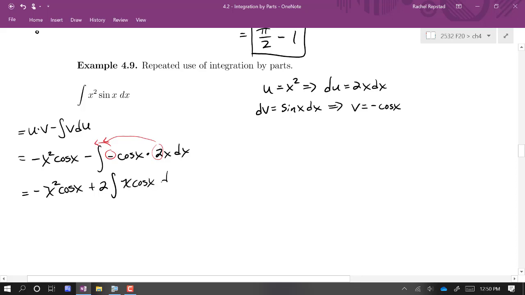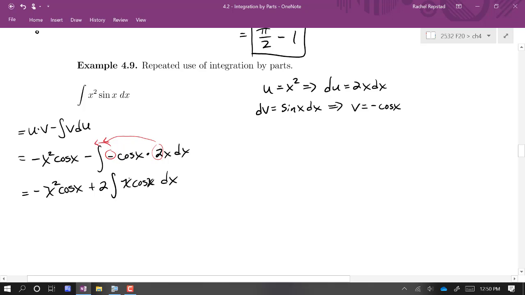So when we use integration by parts, after we put this together using the formula, then we just focus on this new integral and ask, do we know how to integrate this? In this case we have another function that is like an algebraic factor times a transcendental factor, the cosine x factor, and a simple u substitution won't work. So we'll use integration by parts again.